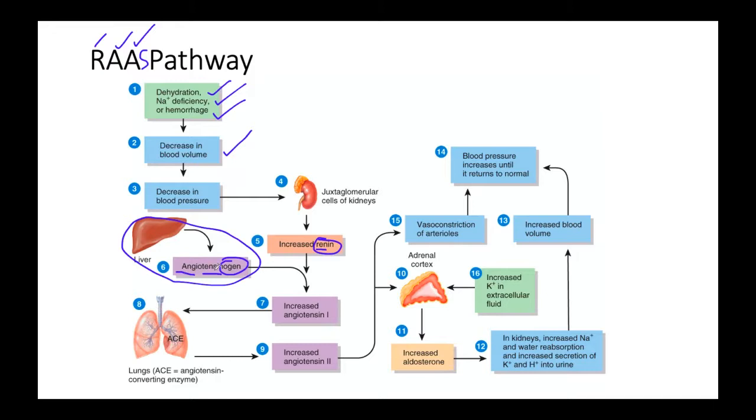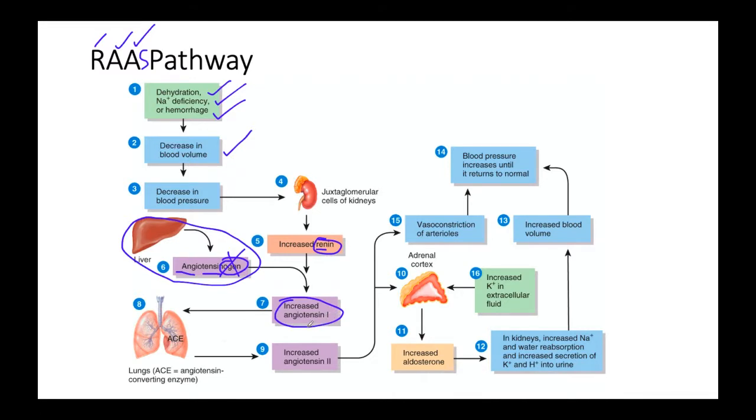However, it's inactive. So how do we activate angiotensinogen? That's where the renin from the kidneys bump into it. It's going to knock off the ogen. When renin bumps into angiotensinogen and it knocks off the ogen, we're left with something called angiotensin 1.